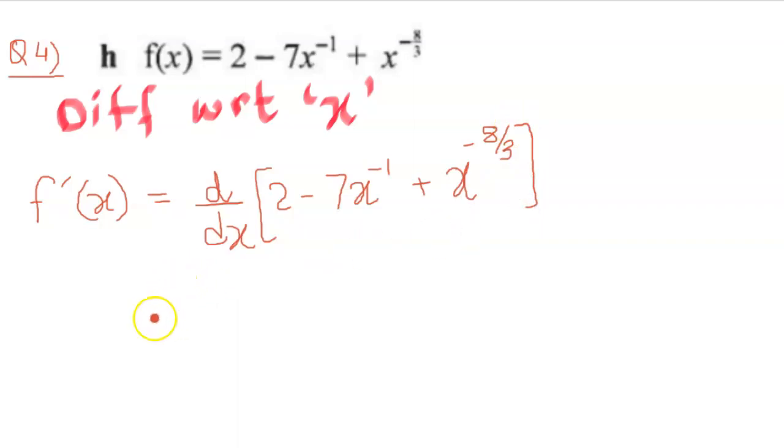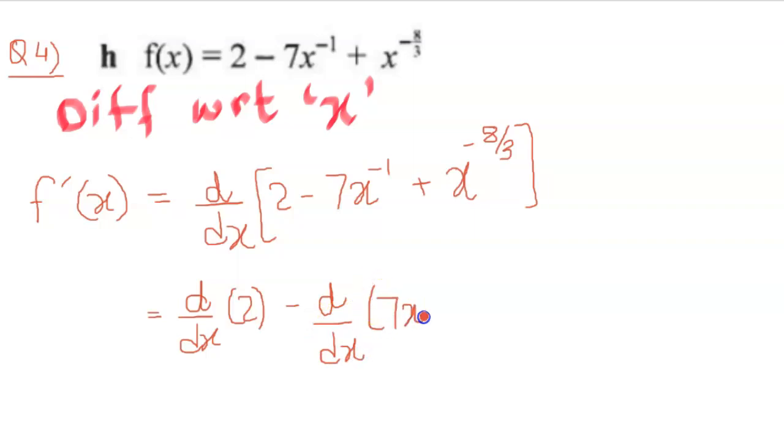How do we differentiate that? I'm going to differentiate each one individually: d over dx of 2 minus d over dx of 7x minus 1 plus d over dx of x to the power minus 8 over 3.